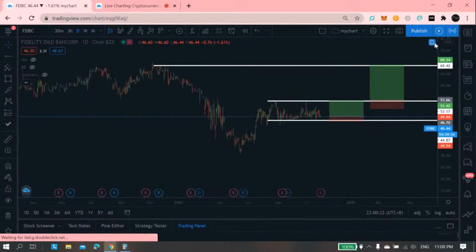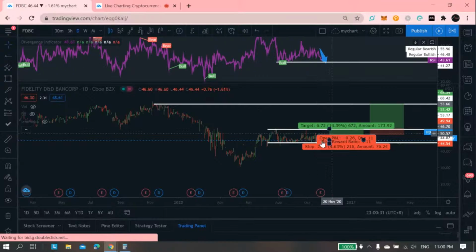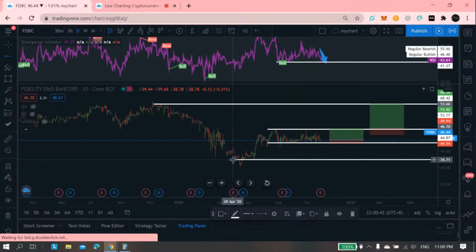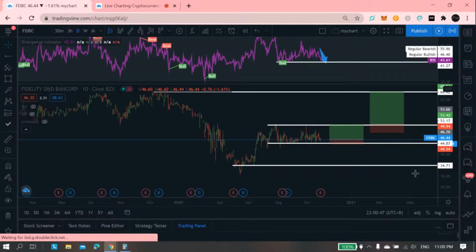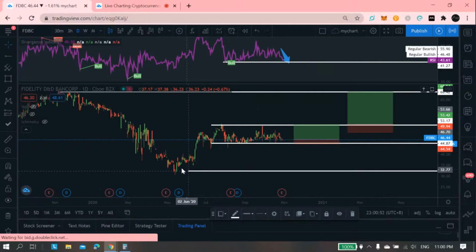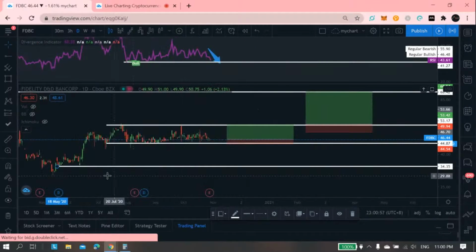And currently, if you look at the divergence indicator, it could possibly still go lower. And the next possible support is this area, the around 34 area. Before this, actually I can use that.